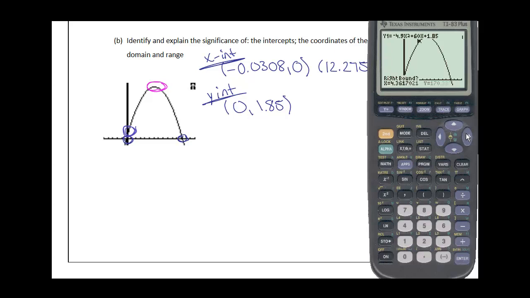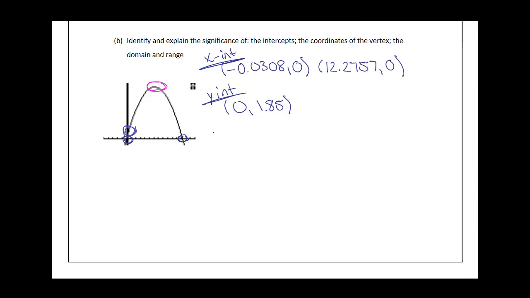Enter. Do the right side. Enter. Enter. And there's our vertex at 6.122 and 185.52. So we got our vertex. Perfect.